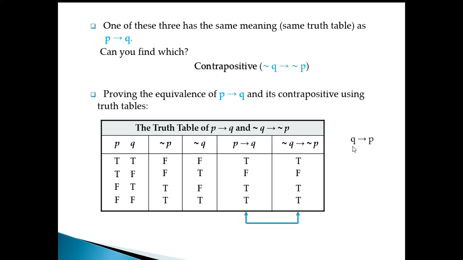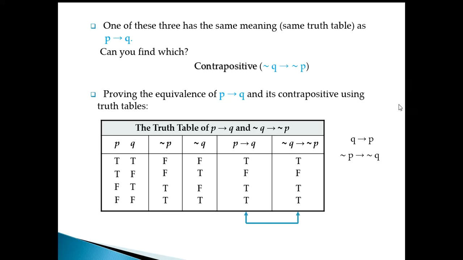So if we have Q implies P, what will be the contrapositive of this? That is negation of P implies negation of Q. And this is also equivalent, means Q implies P and negation of P implies negation of Q have the same truth values.